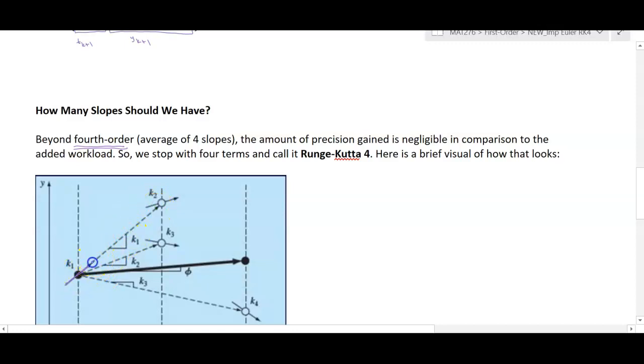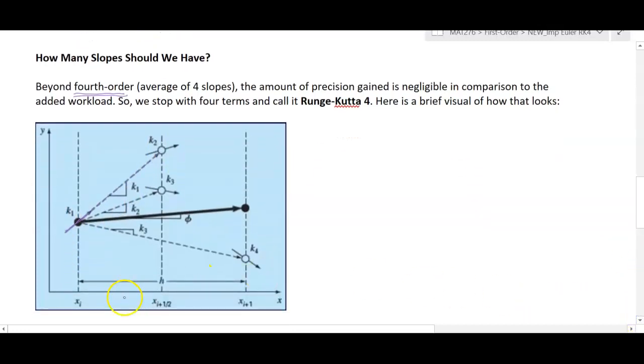So we use the K1 to get us to the next point, the next value of time. Okay, that's just written as, in RK4, though, we actually only go half of the distance between our points, which we could think of as h over 2. Then we get a slope called K2.